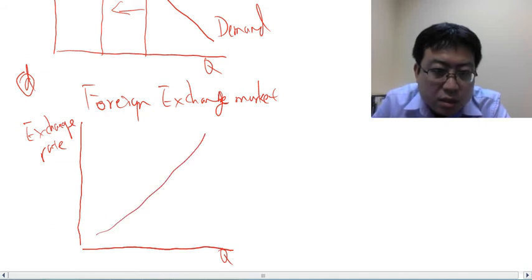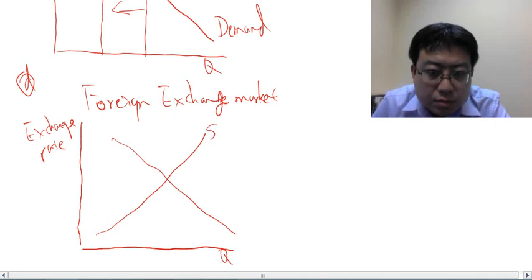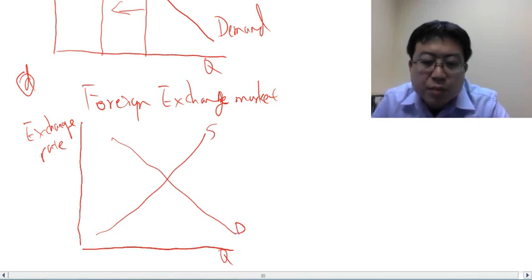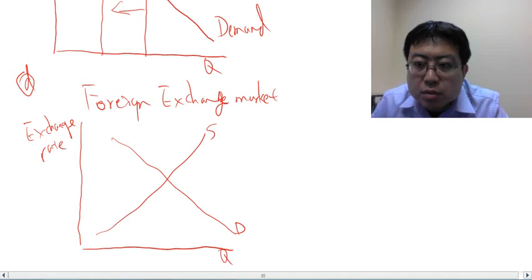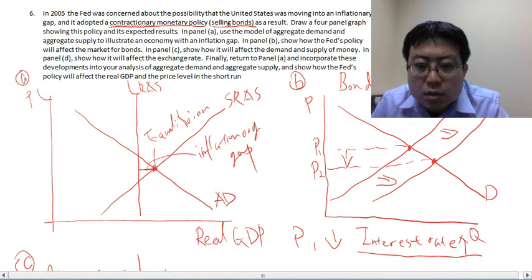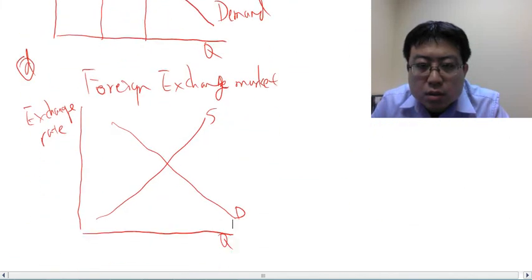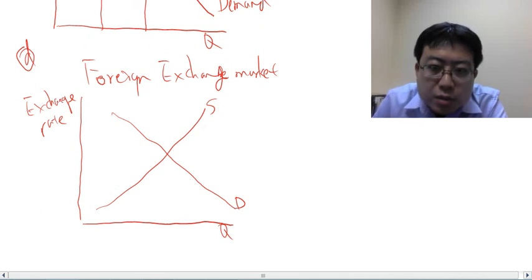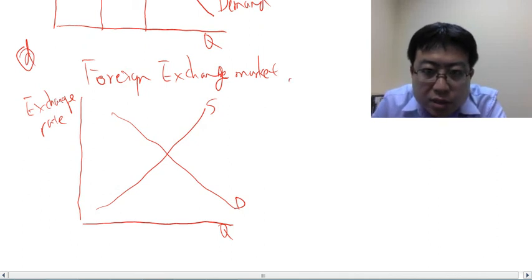Supply for US dollar, demand for US dollar. So we know the bond price. What did we do? Let me go back. So as we know, the bond price is decreasing.